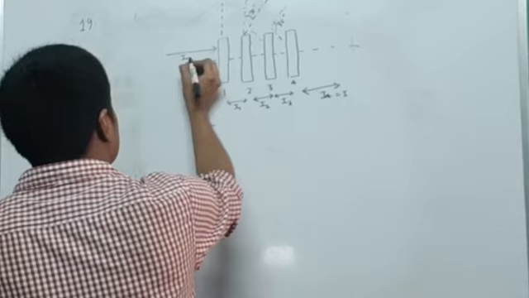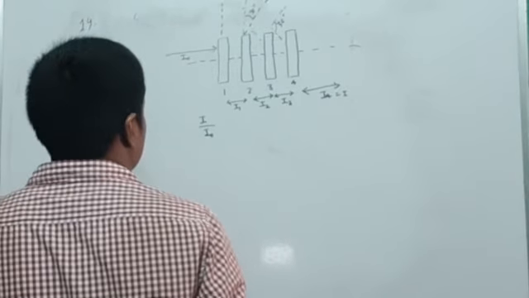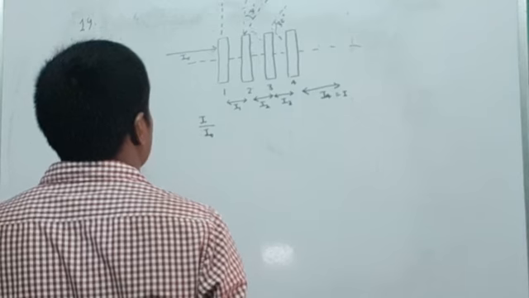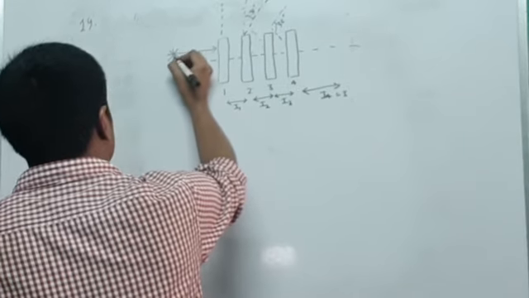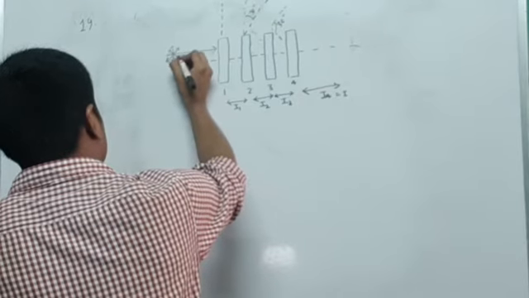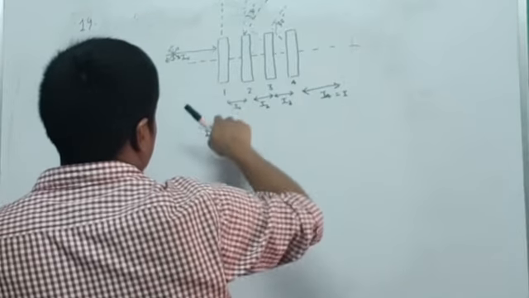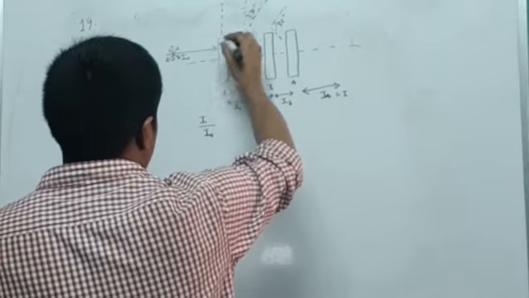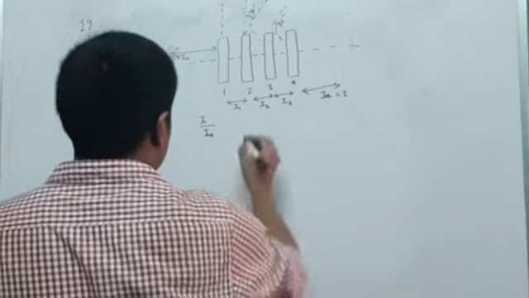If this is I0, after passing through the first polarizer, you see this is unpolarized light. So it doesn't matter how you orient the axis.